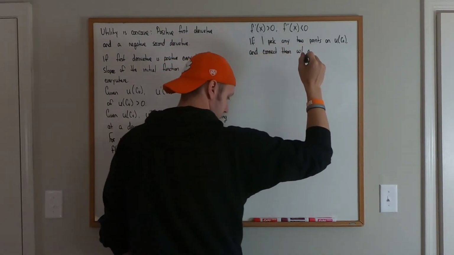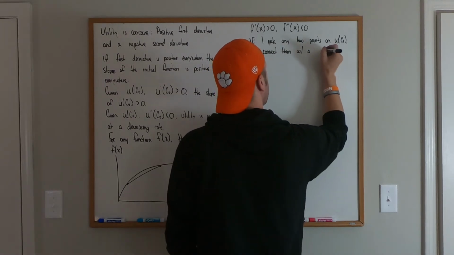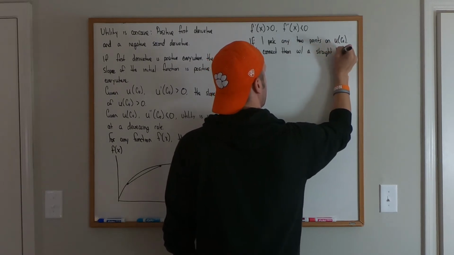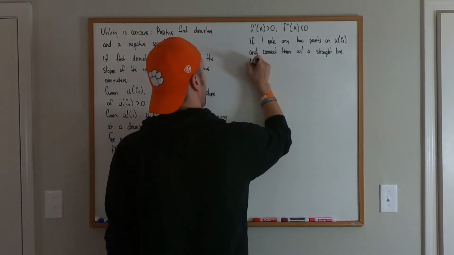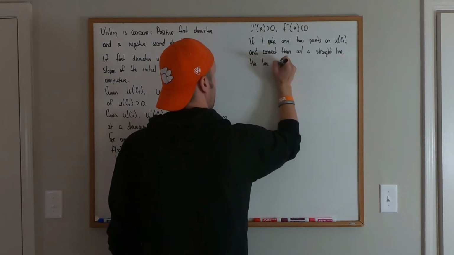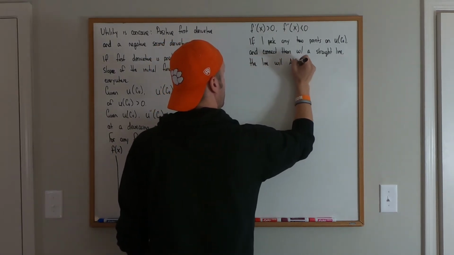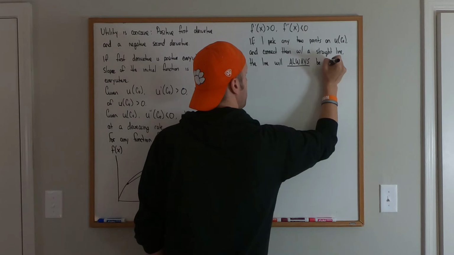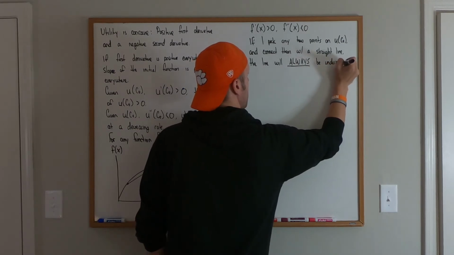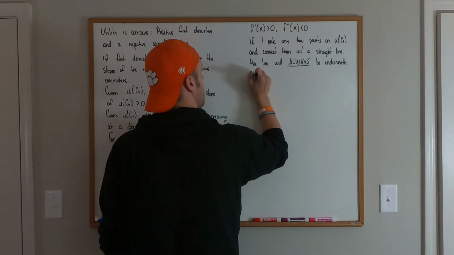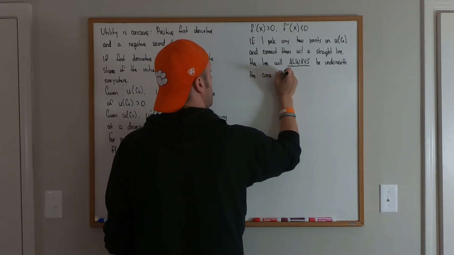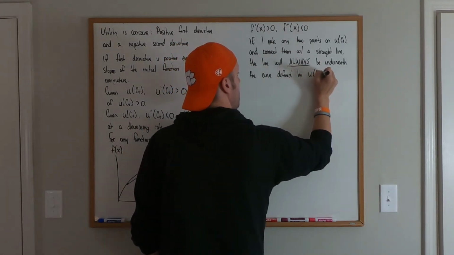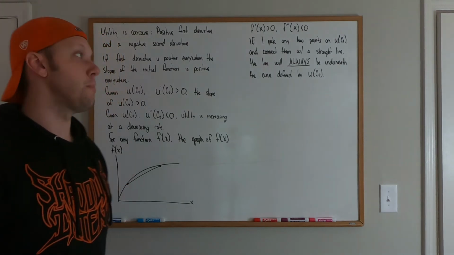So if I want to play a little game of connect the dots with any 2 dots that I pick on this function u of ct, this line will always be underneath the curve defined by u of ct.